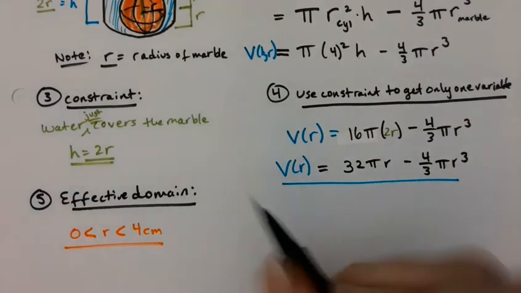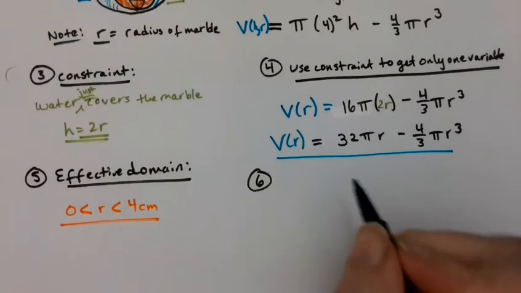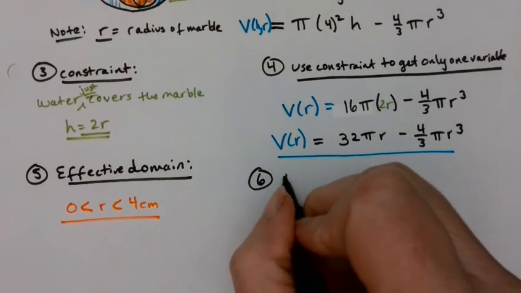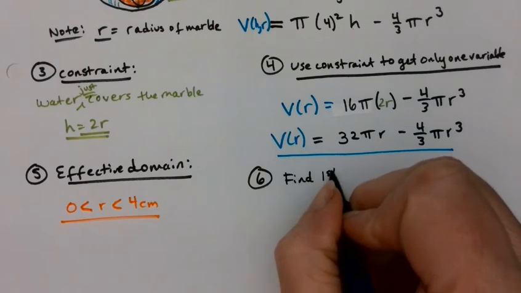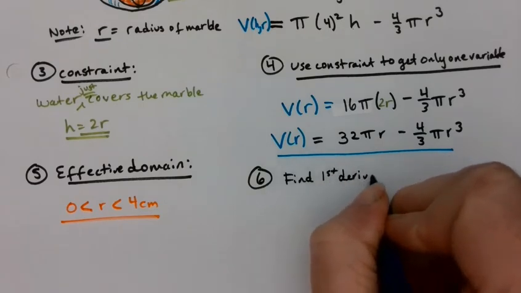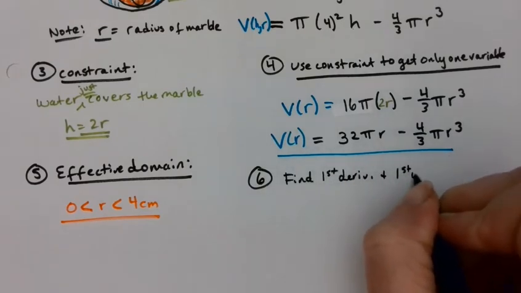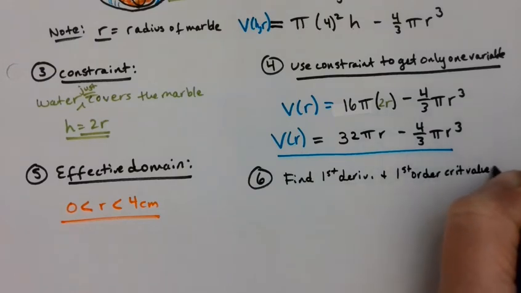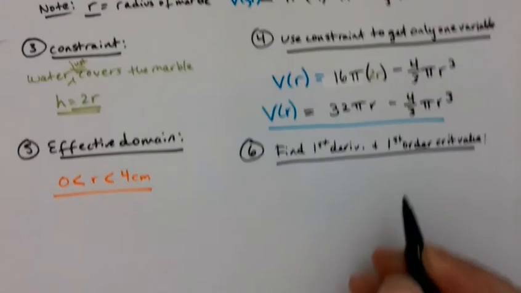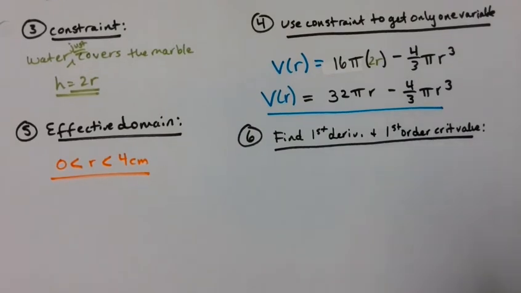All right, step 6. Step 6 is we need to find the derivative and the first order critical value. So find first derivative and first order critical value, which shouldn't be too difficult because even though there's pi involved, there's no big fractions or logarithms or any of that stuff.